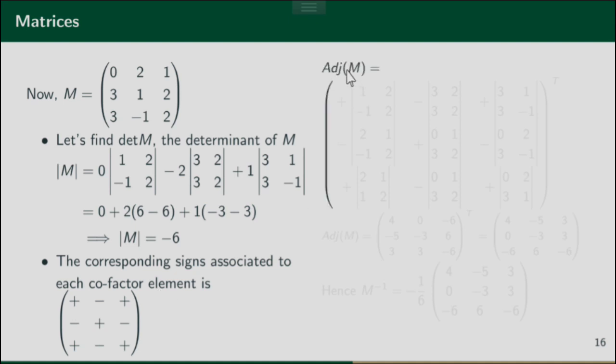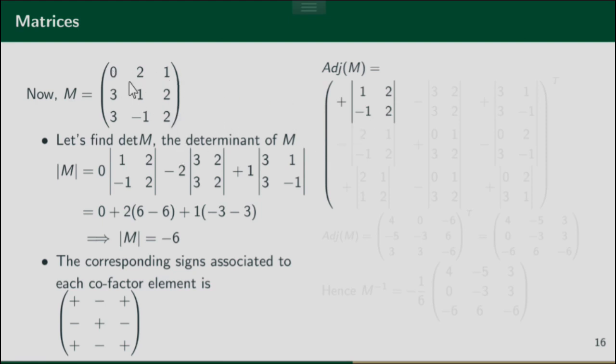So let me begin with the adjugate of M. I'm looking for the cofactor of 0. So I cross out the column and the row as I did before, and the resulting matrix will be 1, 2, negative 1, 2. Then I need to multiply this determinant by its associated sign to obtain the cofactor of 0. So I'll have positive multiplied by this determinant, which gives me the minor of 0.